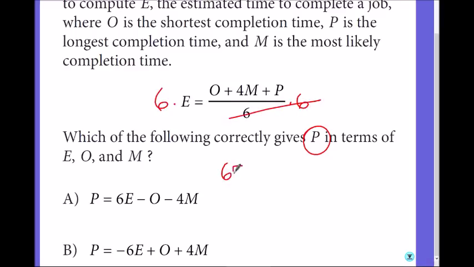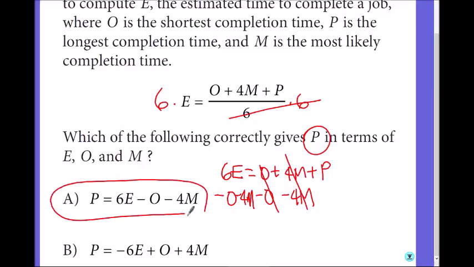So 6E equals O plus 4M plus P. Now subtract O from both sides and subtract 4M from both sides. Then you get P equals 6E minus O minus 4M.